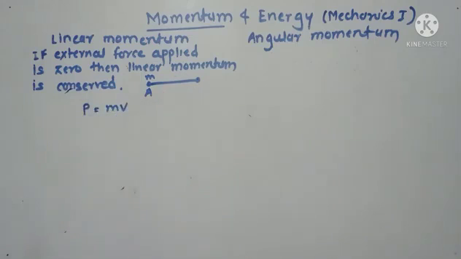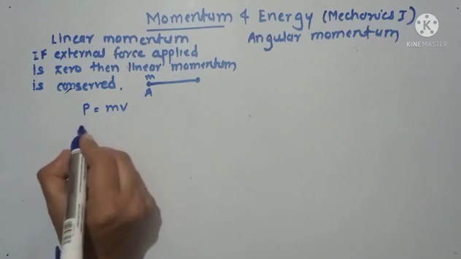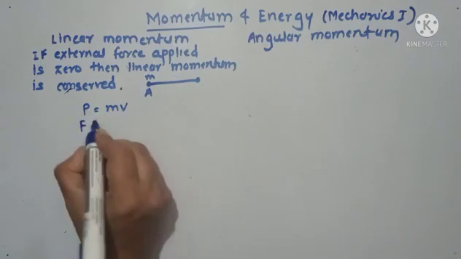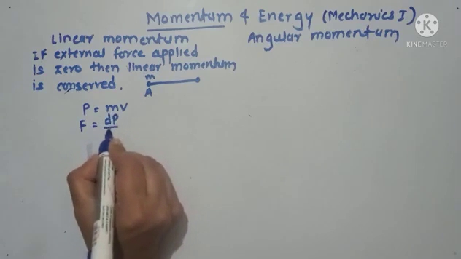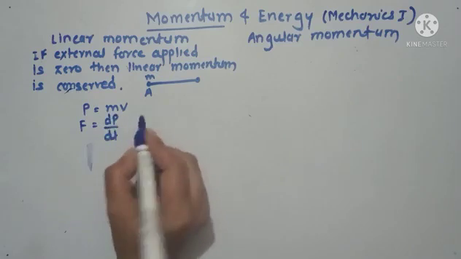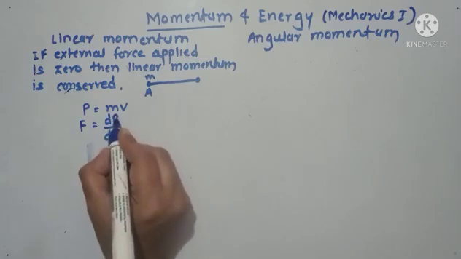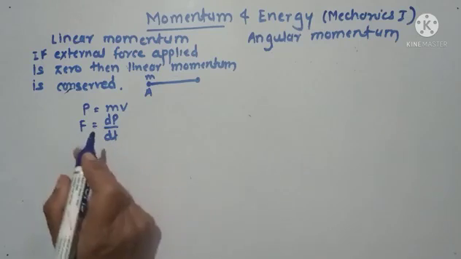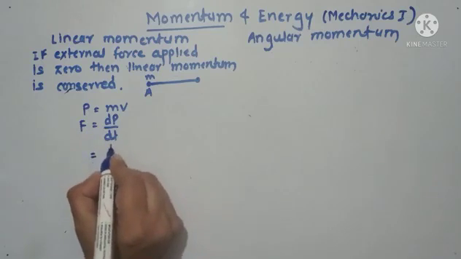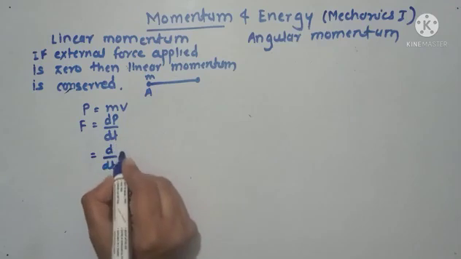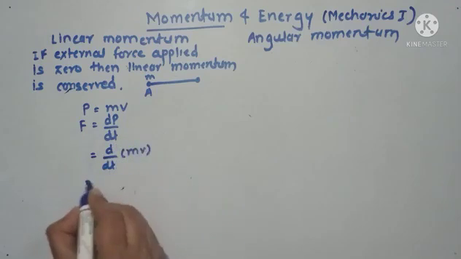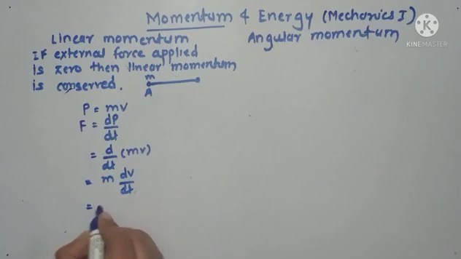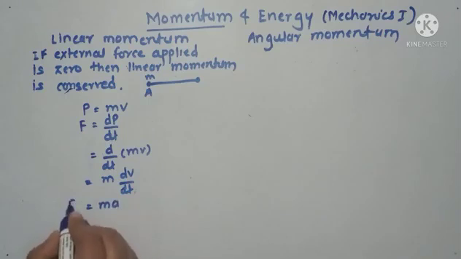Now according to Newton's second law, the external force is directly proportional to, or equal to, dp upon dt. This says that the rate of change of momentum is directly proportional to the applied force. So this is equal to d by dt of mv. As m is constant, m dv by dt will remain, and this is nothing but m into a.